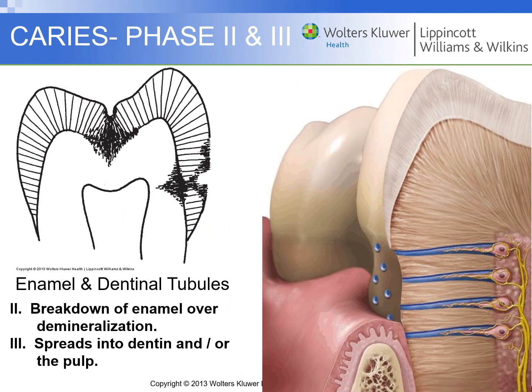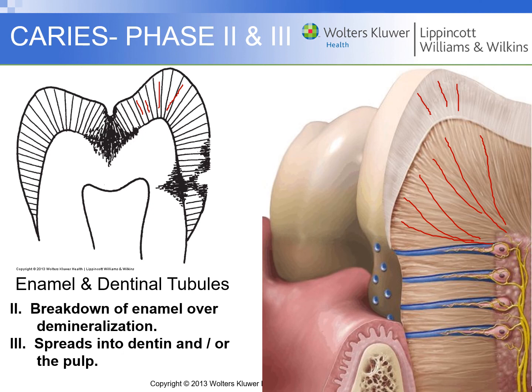This is phase 2 and 3, and I just put this on to kind of show you what that means. You can see on this enamel, on this picture as well, all these tubules that go from the outer surface into the dentin. The dentin here has those same things, tubules.